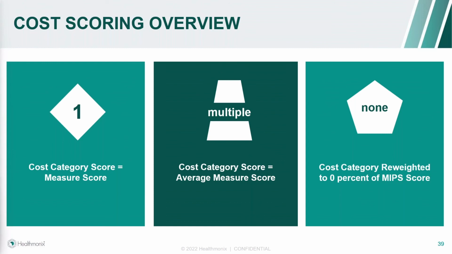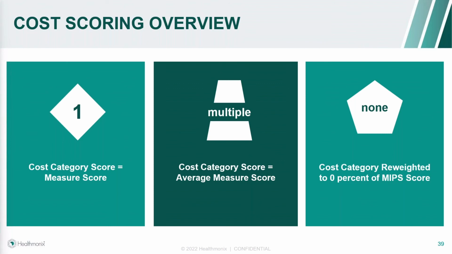If you qualify for one of the measures, then that becomes your entire cost score. If you are eligible for multiple, CMS takes those multiple measures and averages the score for each one, and that average is used to determine your score.